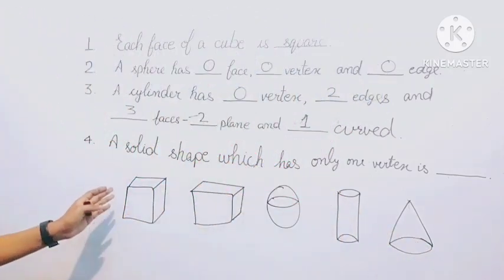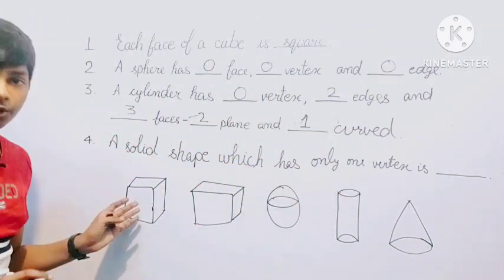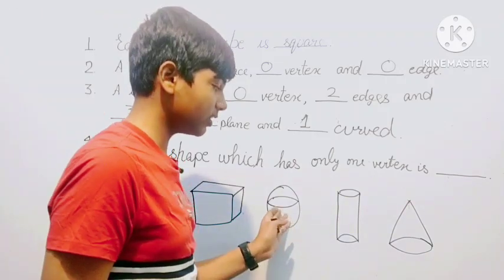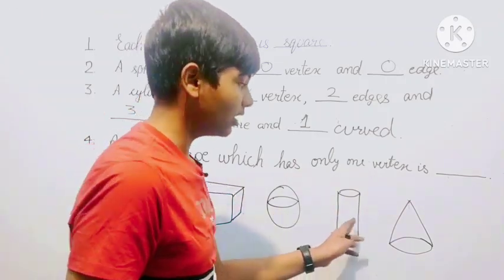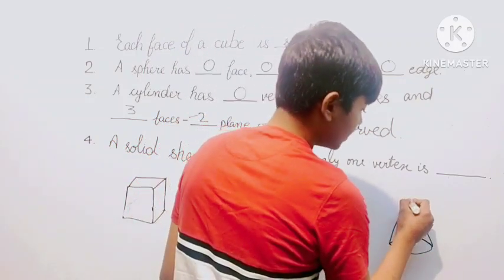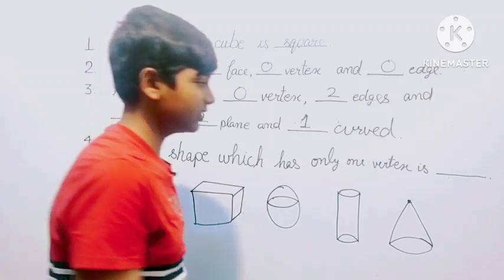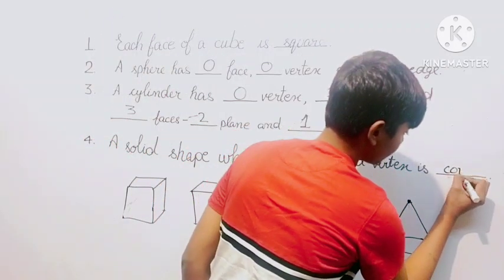If you notice, in a cube there are more than one vertex. Same for the cuboid, no vertex in a sphere, no vertex in a cylinder, but there is only one vertex in a cone. So the answer for this question, a solid shape which has only one vertex, is a cone.